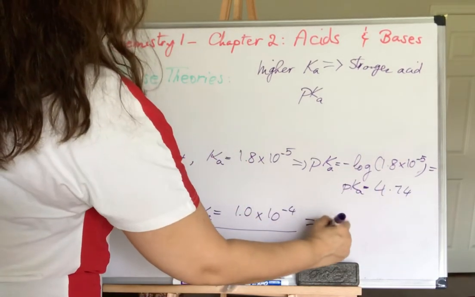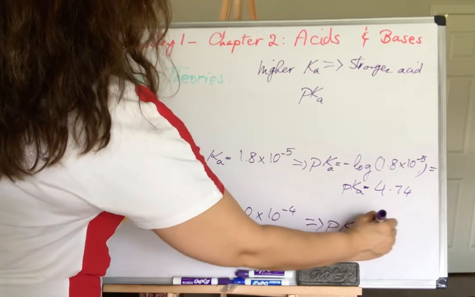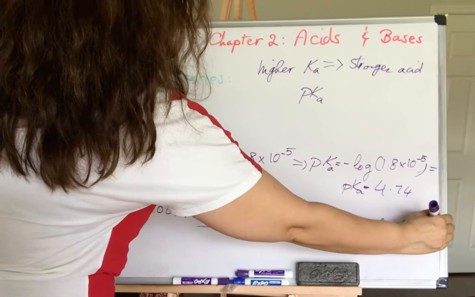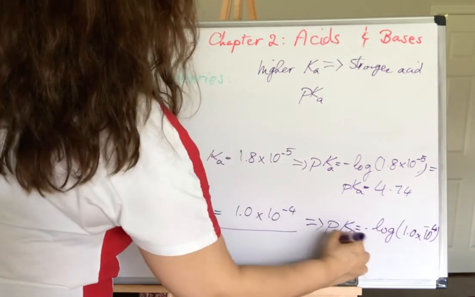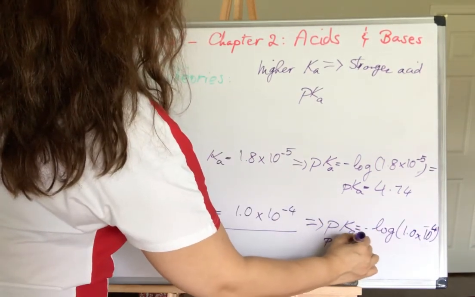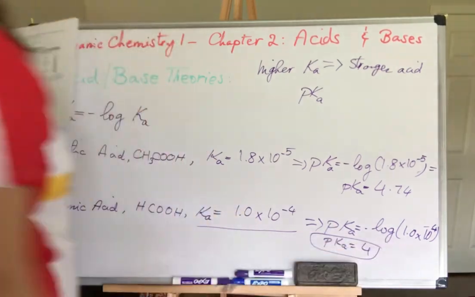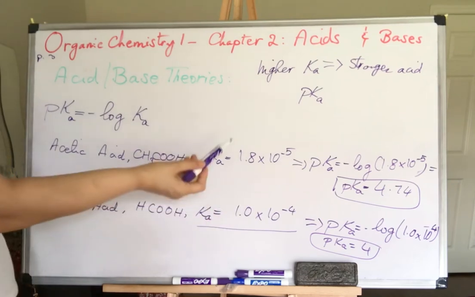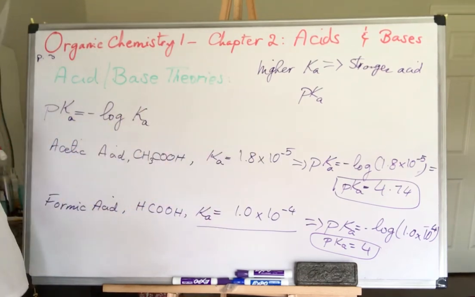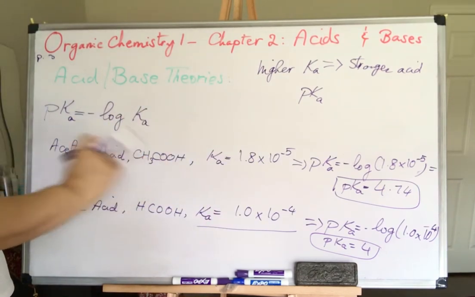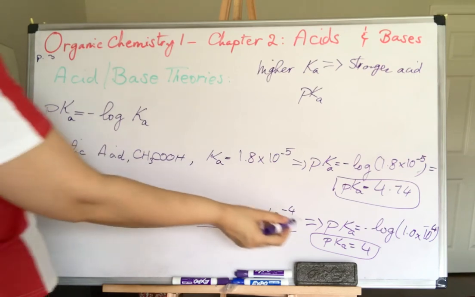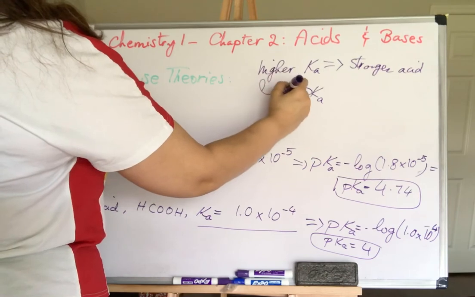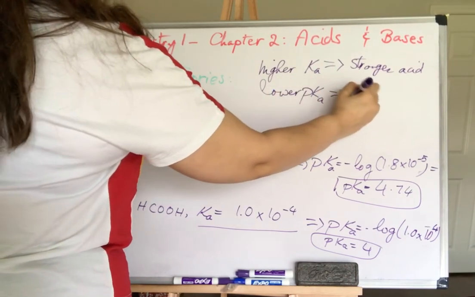And pKa for formic acid, minus log of 1 times 10 to negative 4, is going to be 4. So the higher the Ka, the lower the pKa. We just said formic acid is stronger, right? But its pKa is smaller. So the lower the pKa, the stronger the acid.